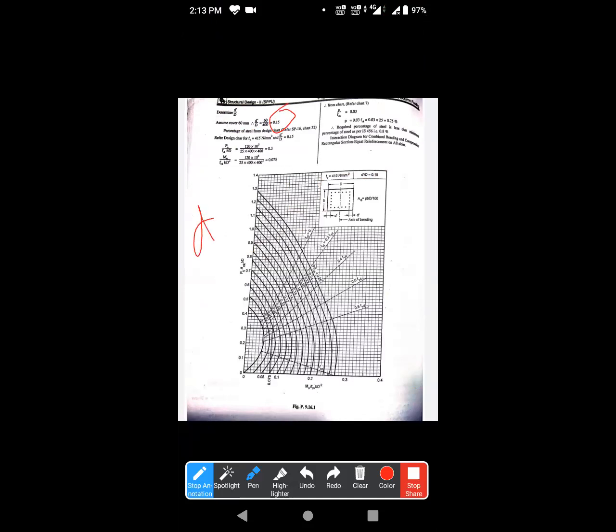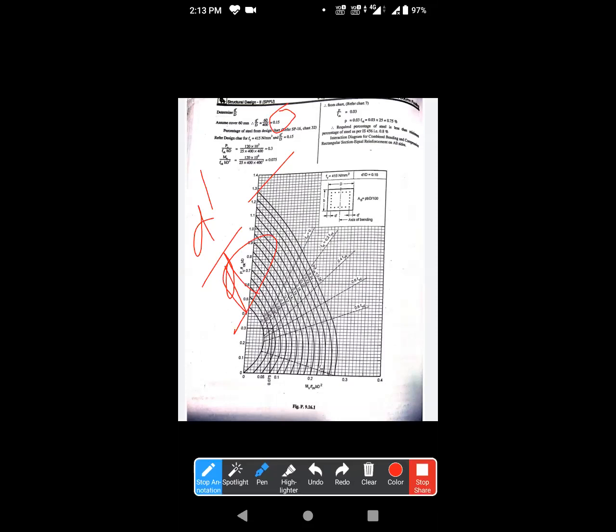The values of d dash upon D in the charts are 0.10, 0.15 and 0.20, so we take 0.15. Now you have to see the percentage of steel from the design chart. As I told you yesterday about SP16, for this you have to refer to the chart.